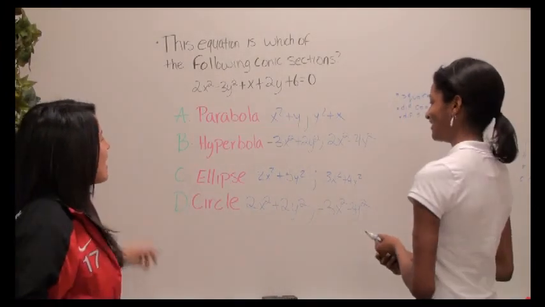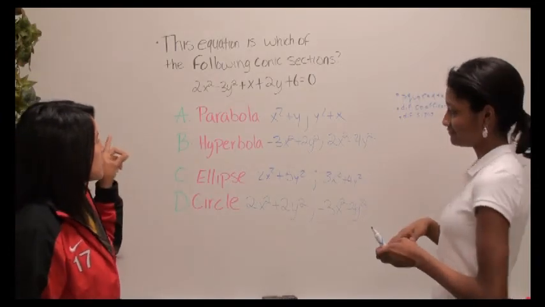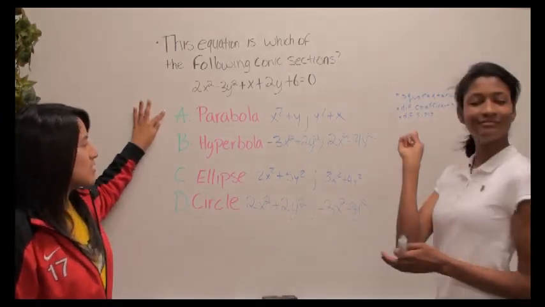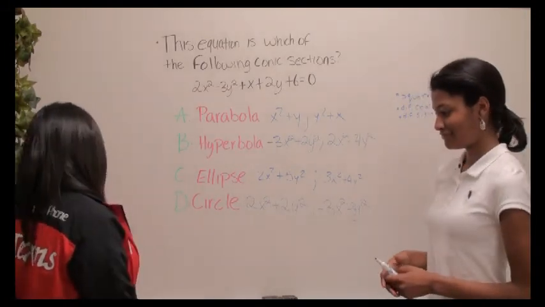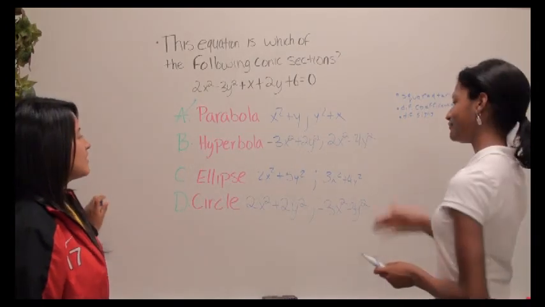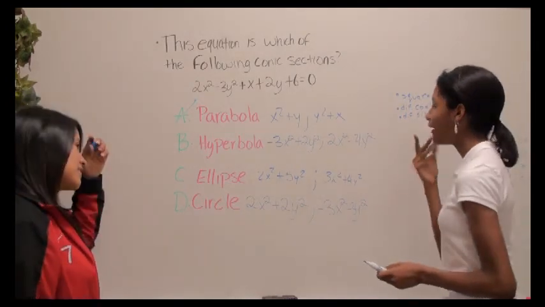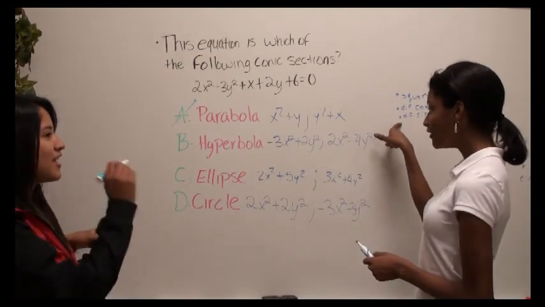Well, I can see from the characteristics that they have squared terms, therefore it cannot be A because there's one squared term missing. So, we can cross that out. Let's take a look at B. They have different signs.